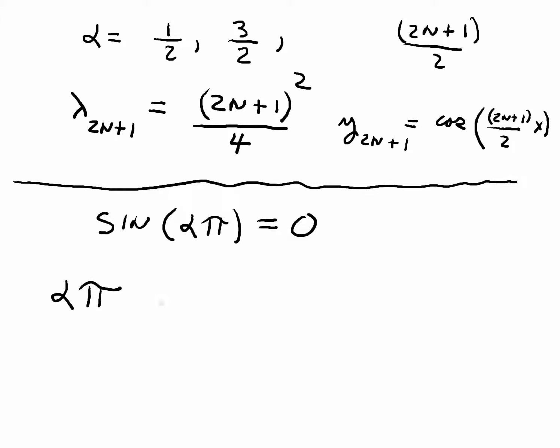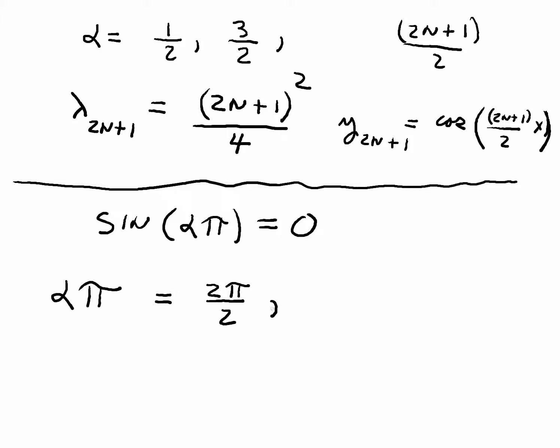I want to get some similar form to my solutions. Okay, so watch what I'm going to do here. I'm going to write this as, let's see, well, 2 times pi divided by 2. That's a weird way of writing pi.